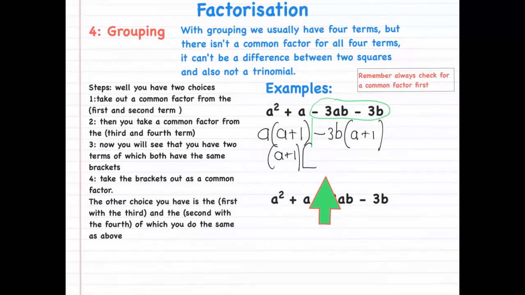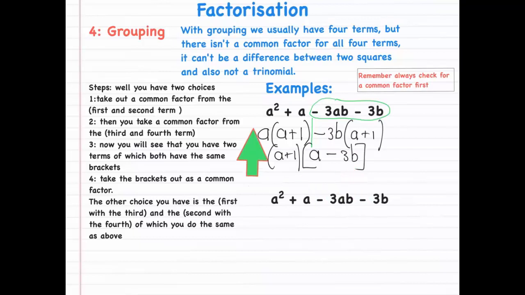A minus 3b, because if I take a times the brackets divided by the same brackets, those 2 will cancel, just the a is left. There we go, minus, and we will have a 3b left, because that whole term divided by that will just be minus 3b. Yes? Okay, brilliant.